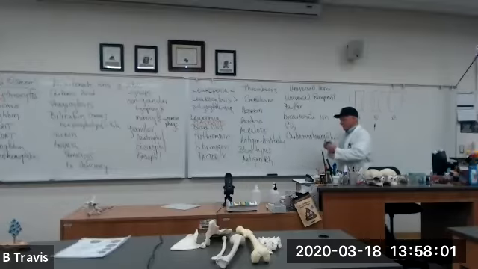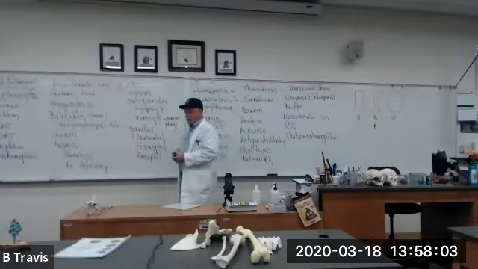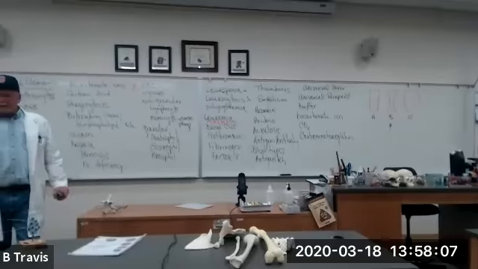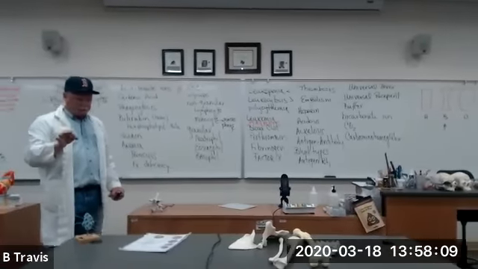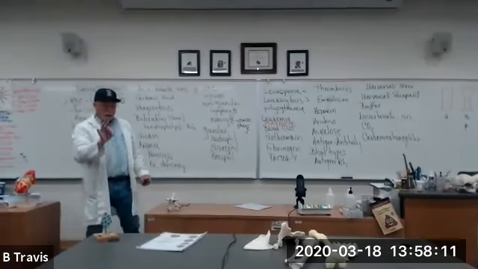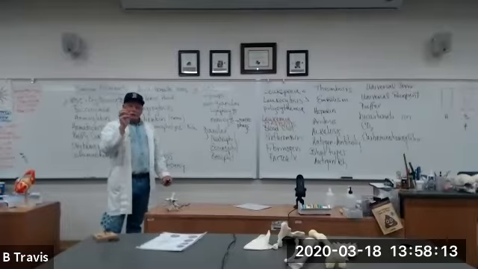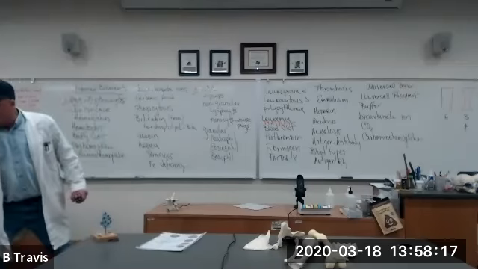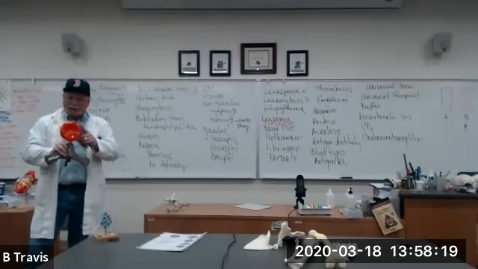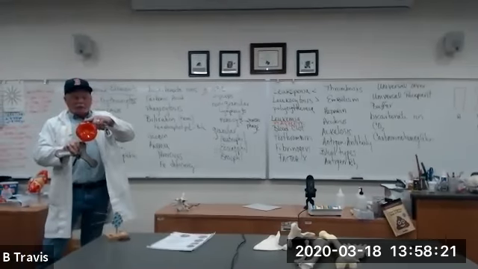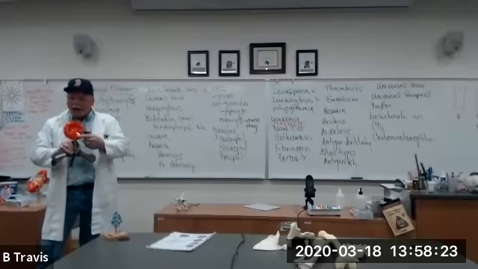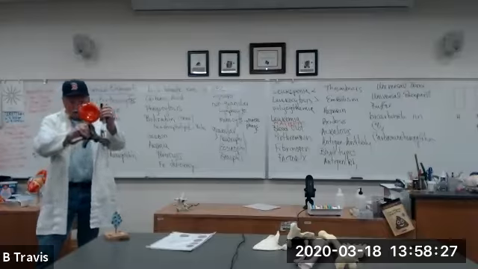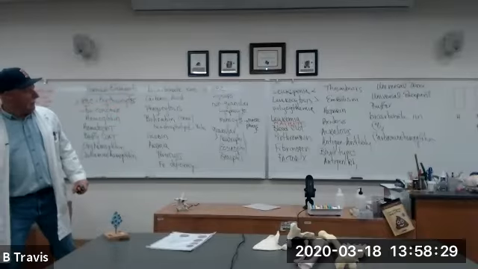Think about this. Embedded in the phospholipid bilayer, remember what that was, is an enzyme called hemoglobin. Hemoglobin transports oxygen. That's all it does. So when we talk about a red blood cell, the red blood cell doesn't do anything. It's what's embedded in the phospholipid bilayer, which is hemoglobin, that attaches to oxygen and transports it to the cell.